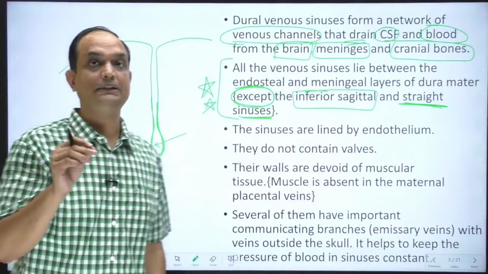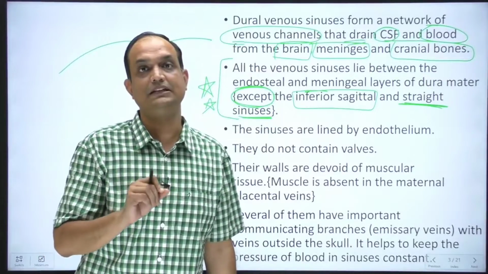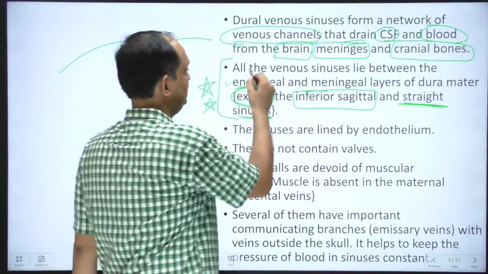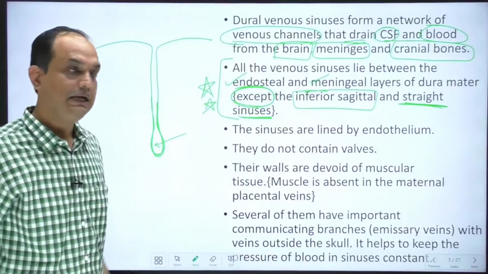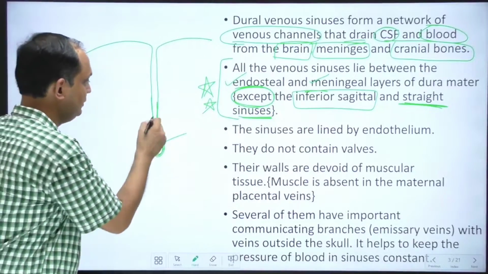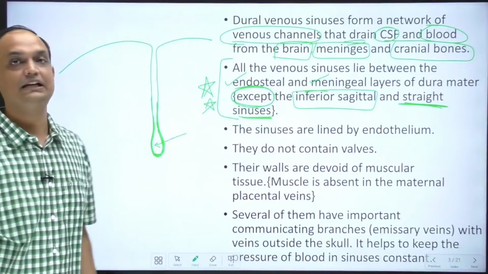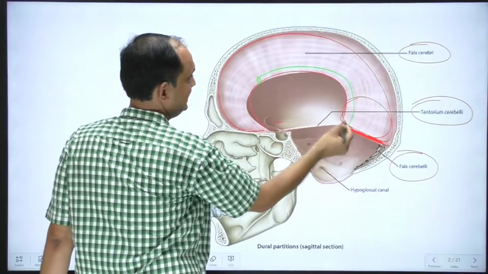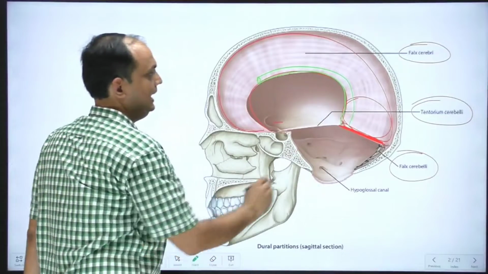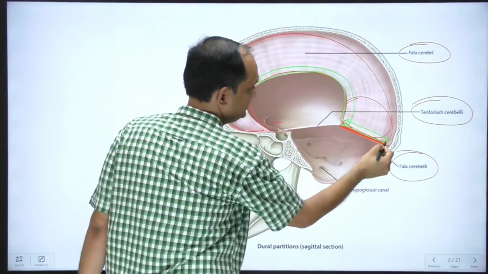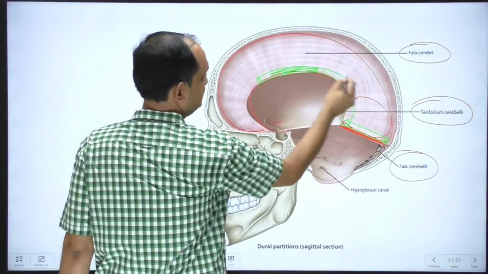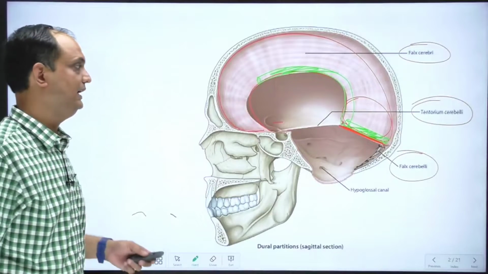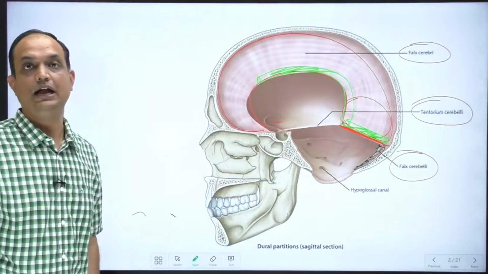Here you all have to remember this. Keep in mind that most of the dural venous sinuses lie between the endosteal and meningeal layers of the dura mater, except the inferior sagittal sinus, which is present here in this area, and here you have the straight sinus. Both these sinuses are present between the folds of meningeal dura, not between the endosteal layer and meningeal layer.